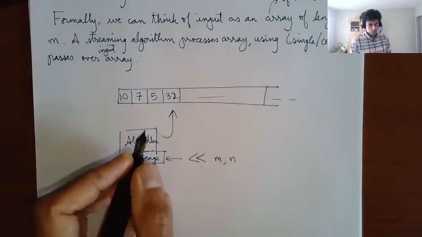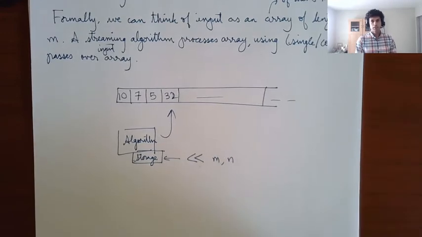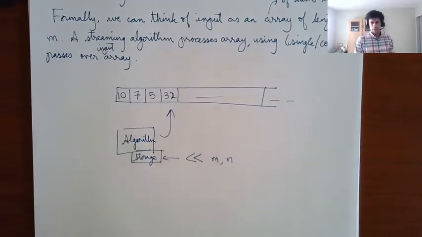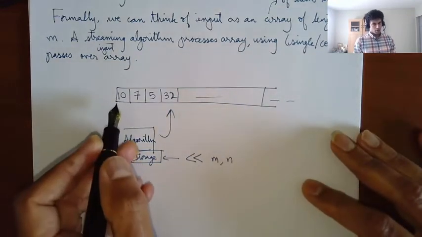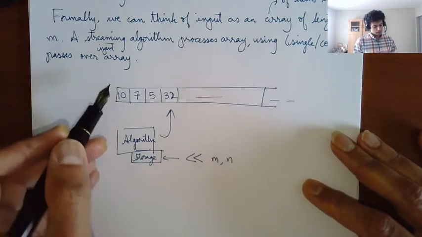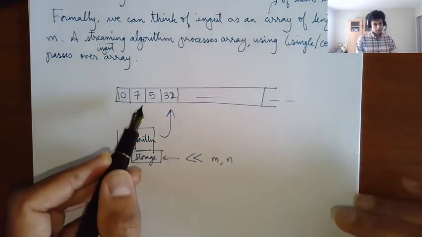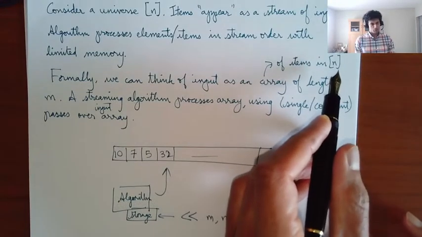It has been studied for maybe a few decades, but increasingly there's more and more interesting and challenging research here. And I'll talk about some algorithms which are widely used in practice. So are there any questions about what the model is? Again, you have an array of items, or one can just think of numbers in some fixed universe.